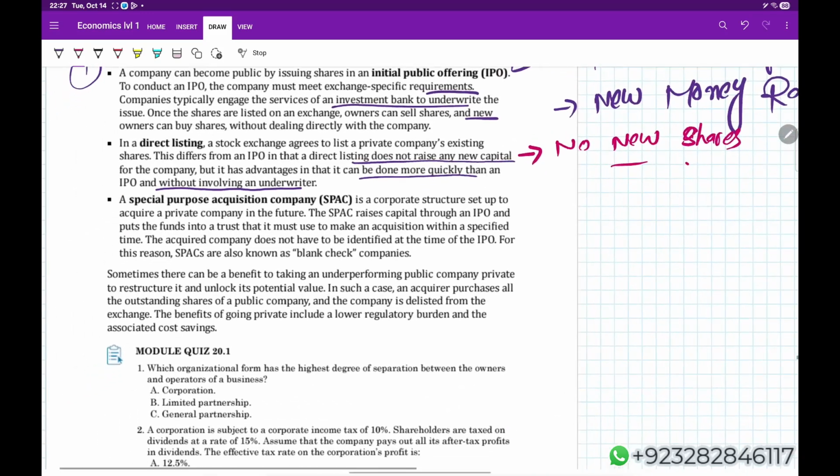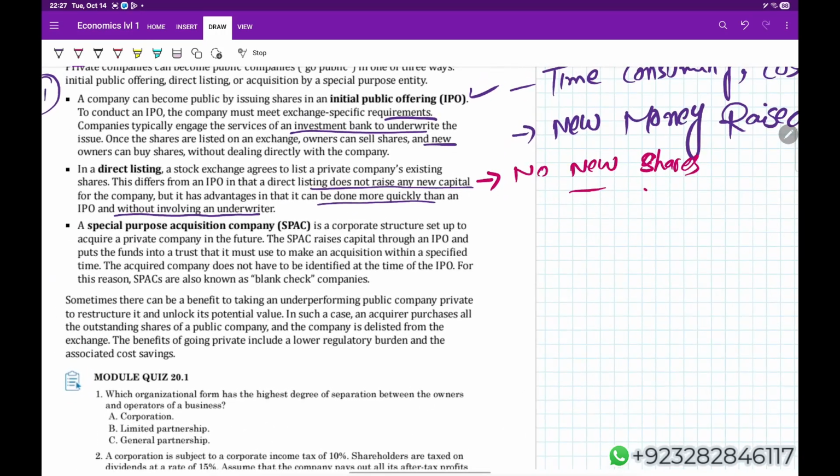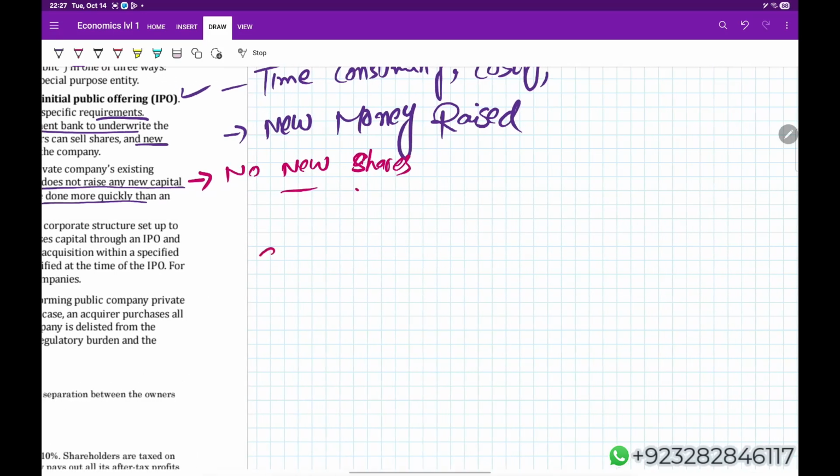Another way is SPAC, Special Purpose Acquisition Company, that we will discuss in detail in the alternative investments. It is basically when sponsors or a private equity fund want to purchase an unidentified private company. So they set up a SPAC.